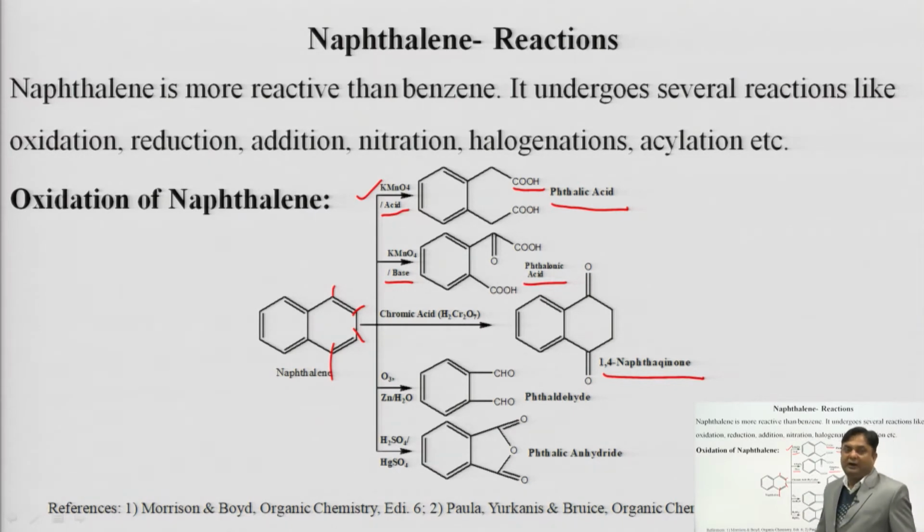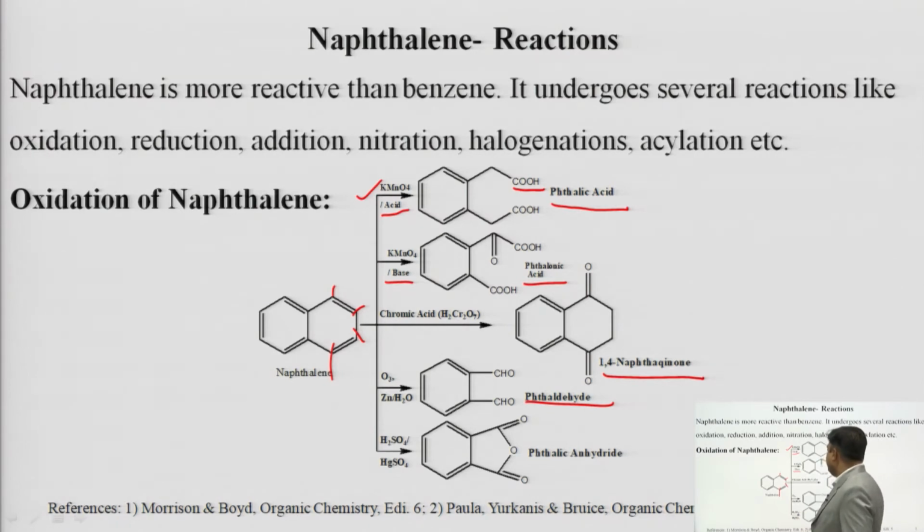Another method for the oxidation of naphthalene uses ozone in the presence of zinc and water. When ozone reacts with naphthalene, we get phthaldehyde as the product.